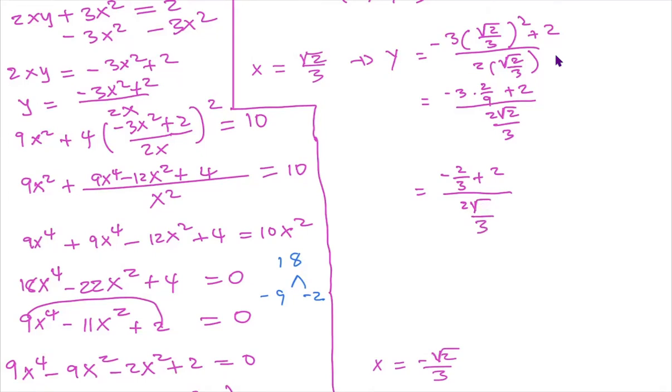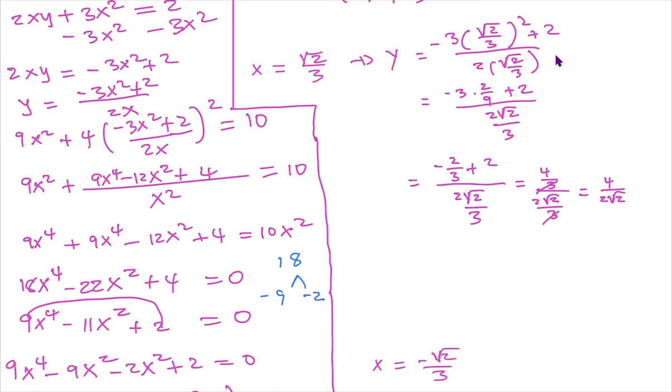Okay, now the top part is 6 minus 2/3. 6 minus 2, that's 4/3 over 2 square root of 2/3. So 3 gone. That equals 4 over 2 square root of 2.